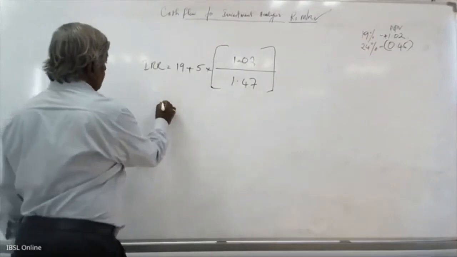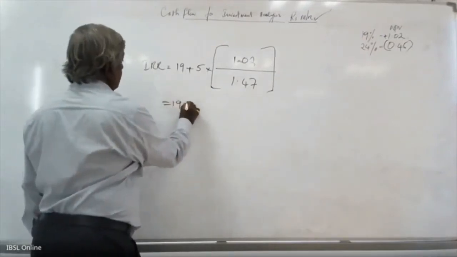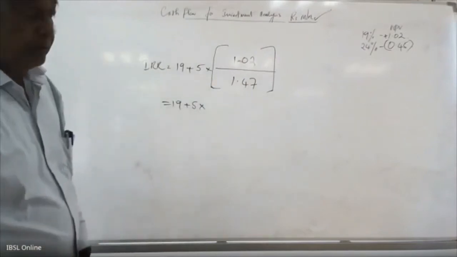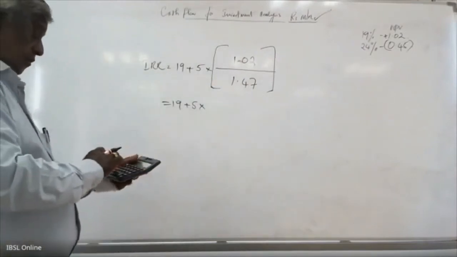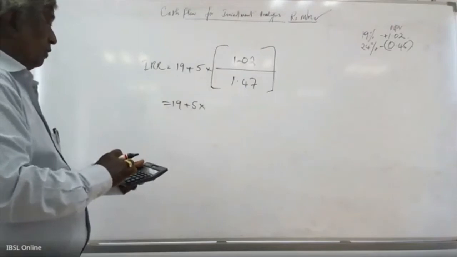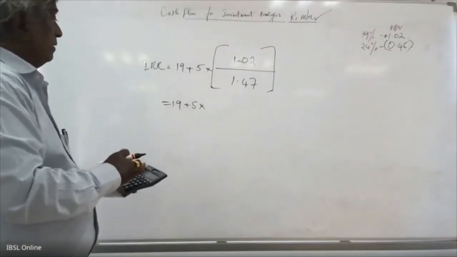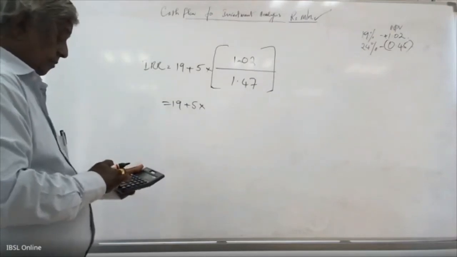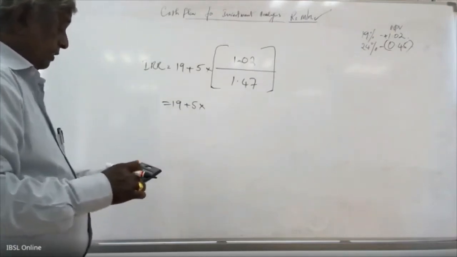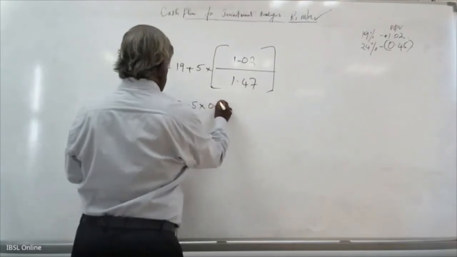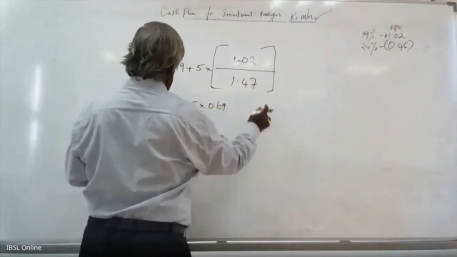So this is equal to 19 plus 5 into, first you do within the bracket, 1.02 divided by 1.47. That is 0.69369, about 0.69.